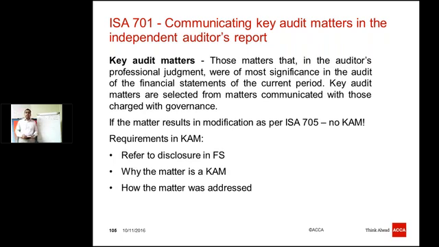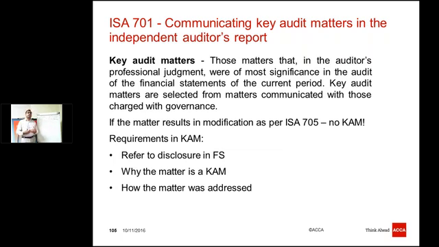Such inventory is prone to the risk of overstatement. The reason is that the nature of the business is such that the inventory is perishable, and of course, it is in the fast-moving consumer products industry. However, there is a possibility that the value at which it is recorded may be higher than its net realizable value. So this is my reference to the disclosure in the financials, as you see on the slide, and why I believe the matter is a KAM.